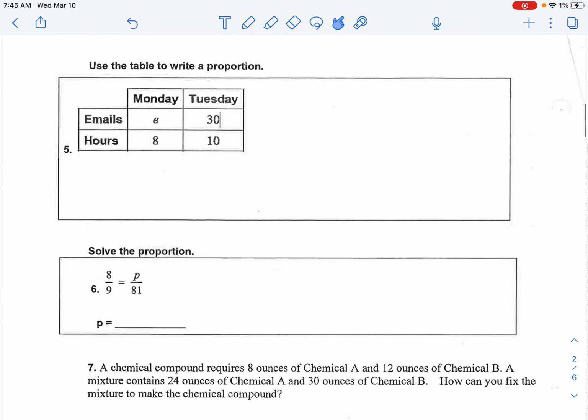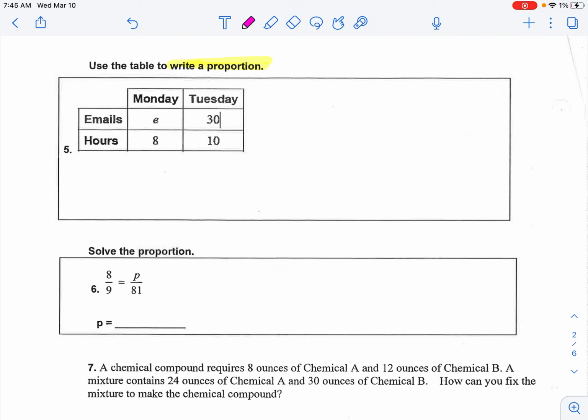Okay, moving on to page 2. Use the table to write a proportion. Notice it does not say solve a proportion. It simply says to write a proportion. So E emails on Monday to 8 hours compared to 30 emails to 10 hours.